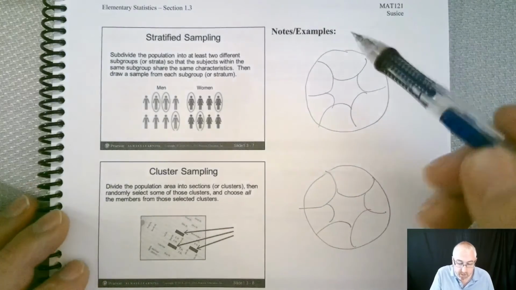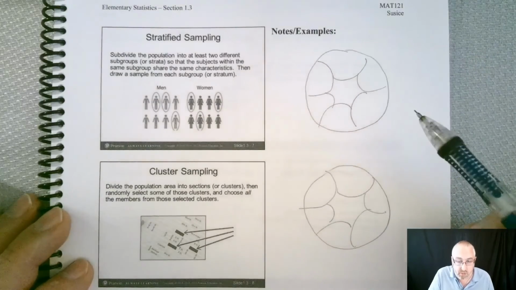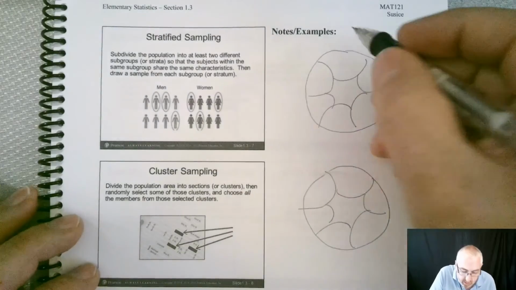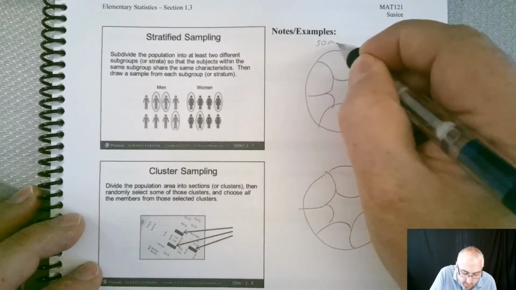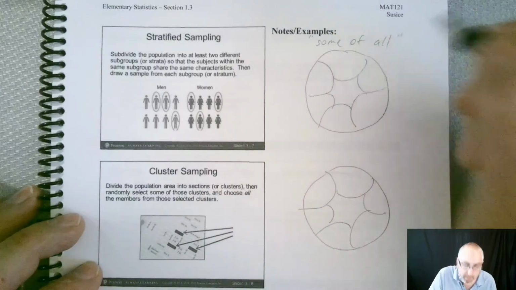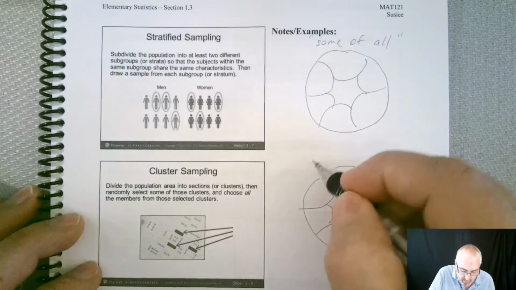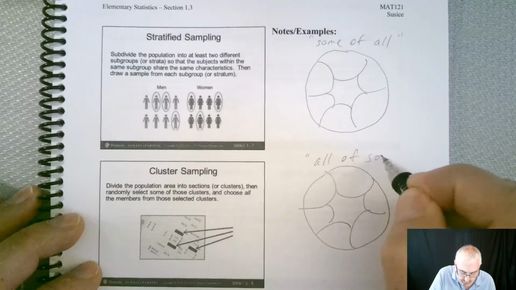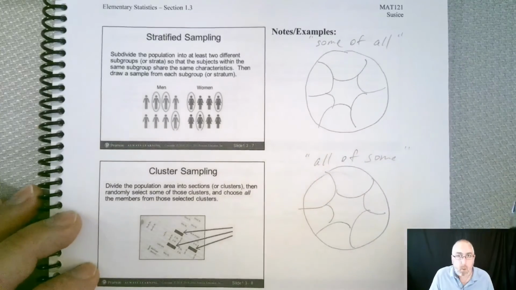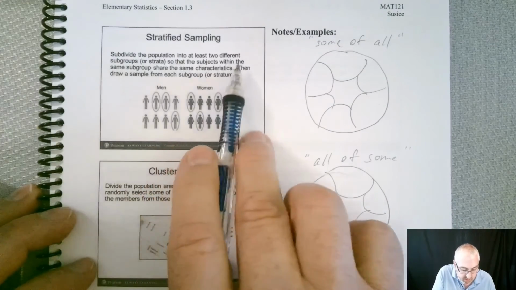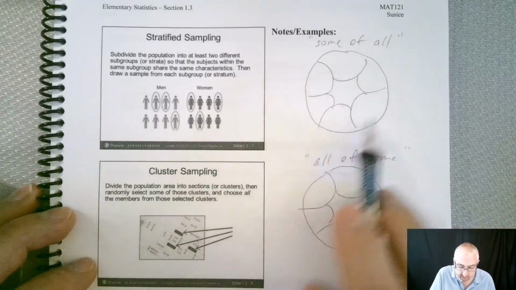Now the way I like to differentiate between these two is that stratified is really looking at "some of all". And this one is "all of some". Now why is it like that? Well, let's read it one more time. Subdivide it into at least two different subgroups. We divided it into a bunch.